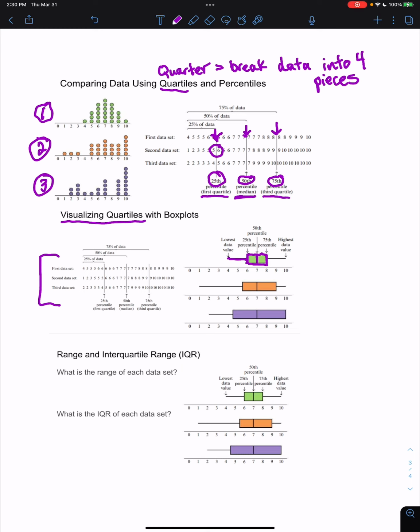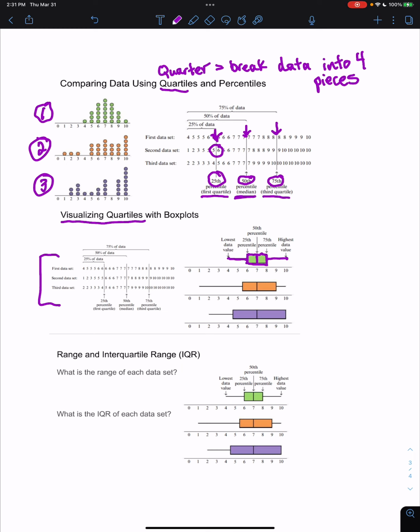And then the same thing with the highest data value. We put a little point there and we connect it with a little whisker to the box. So the box tells you the percentile values, and the whiskers tell you the lowest data value and the highest data value.